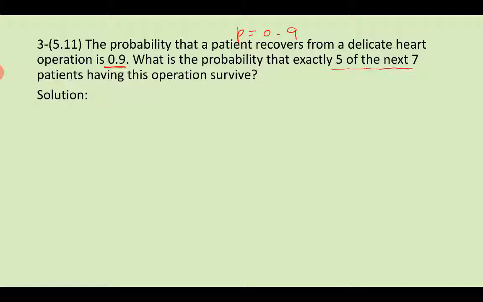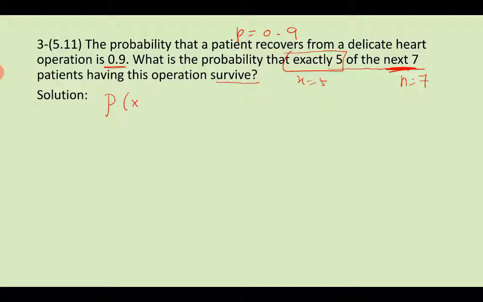What is the probability that exactly 5 of the next 7 patients having this operation survive? So totally there are 7 patients, out of which exactly 5. So n is equal to 7 and x is equal to 5. So survival or not, only 2 outcomes. So that is binomial distribution.